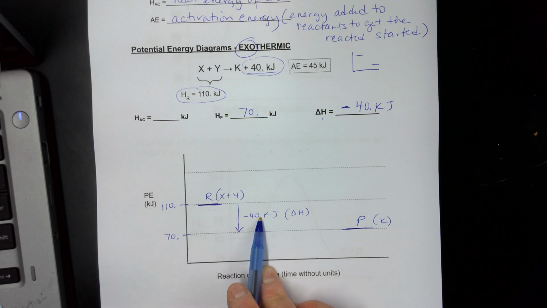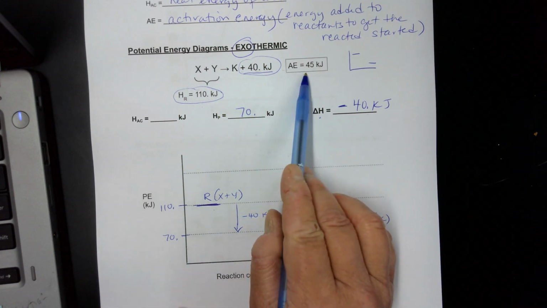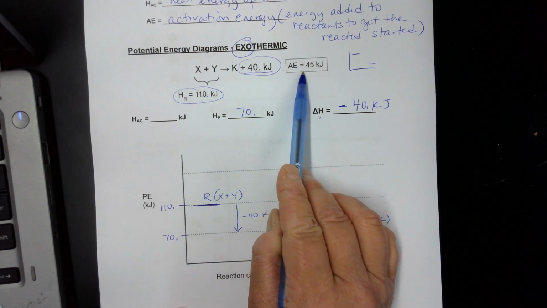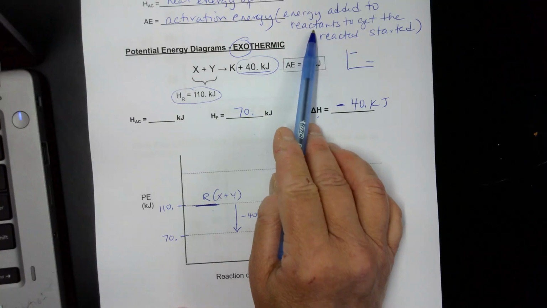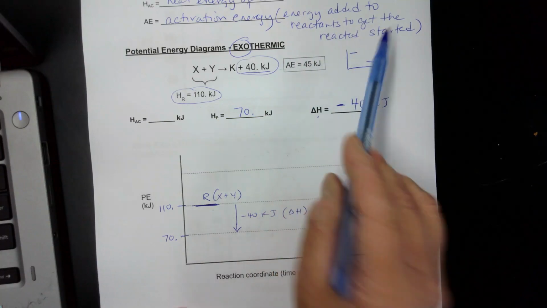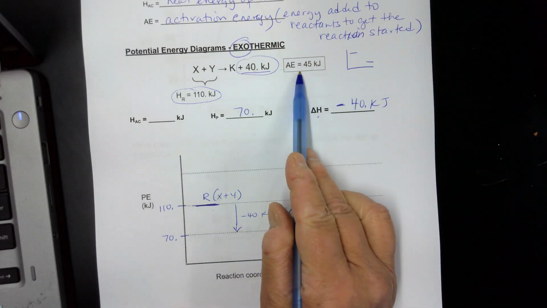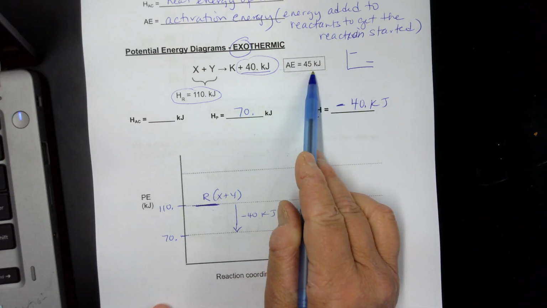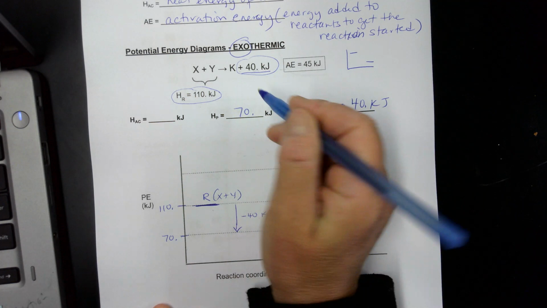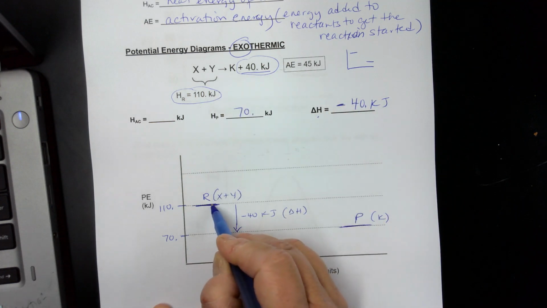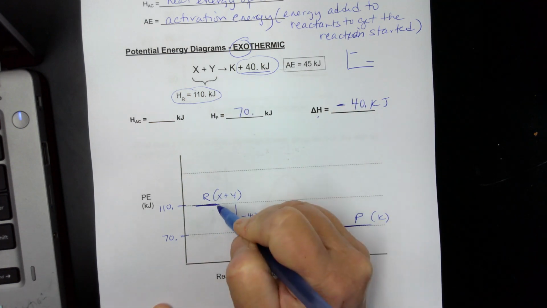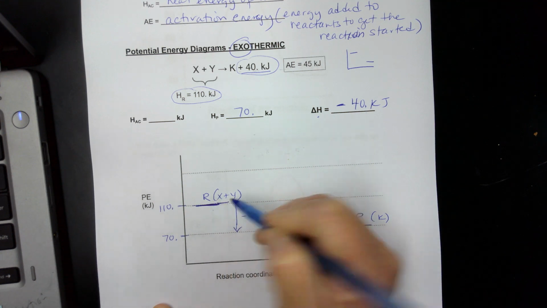Okay, so what we now need to do is recognize that there's something else we need to figure out. The activation energy, which remember is the energy added to the reactants to get the reaction started. We're going to add 45 kilojoules to the reactants. So here's where we have the reactants. We have to add energy to that. We're going to draw this graphically before we do the numbers.